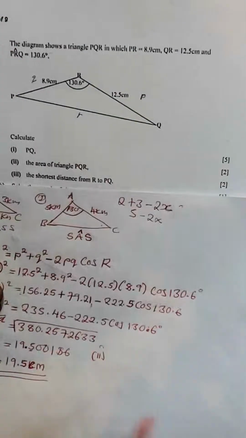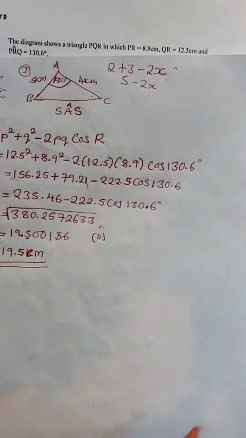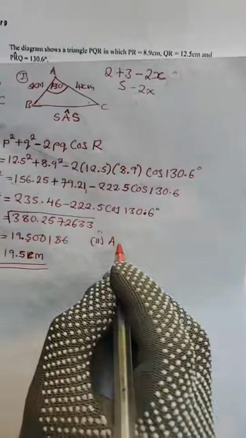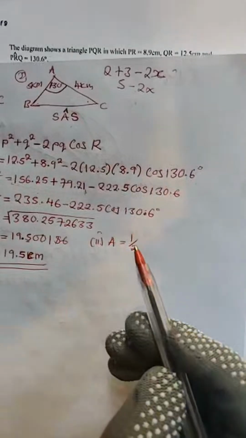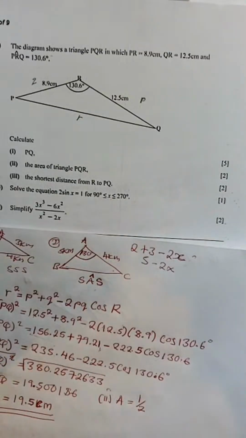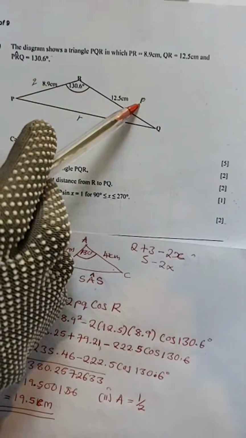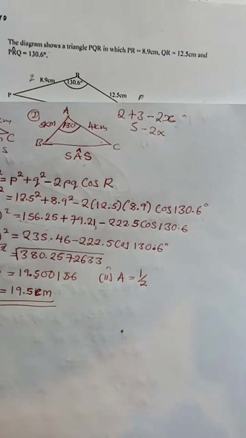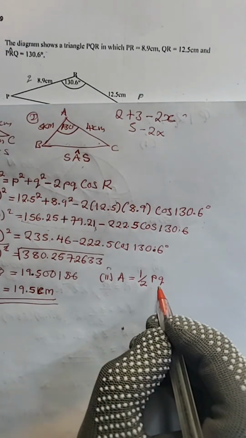All right, we are asked to find the area of PQR, the area of this triangle. Do you know that the area of this triangle, let me just write, A is equal to half, then the two given sides on our formula, 8.9 and 12.5, which are P and Q. So we're going to use P and Q, lower case or small letters.